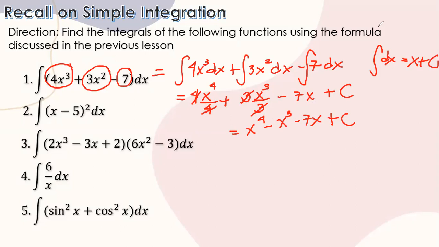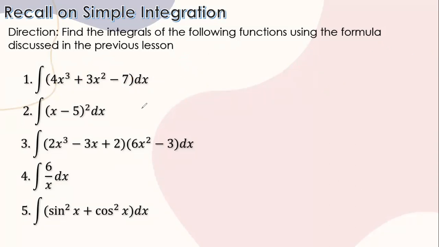Let's have number 2: the integral of (x minus 5) squared dx. For this, to have terms, we will be expanding this since the exponent is only 2. When we expand it, we get x squared minus 10x plus 25 dx. So we now have three terms, and we integrate them one by one.